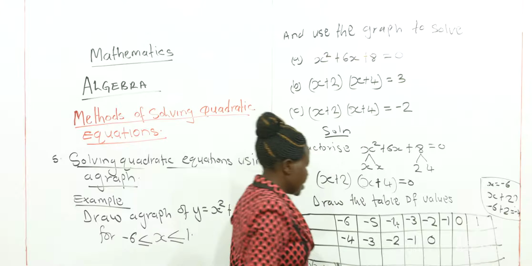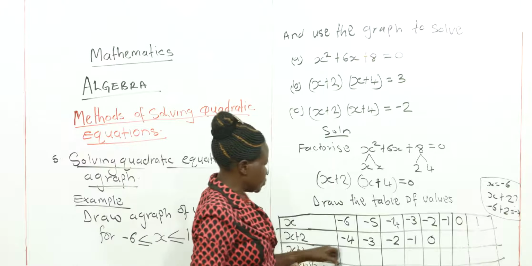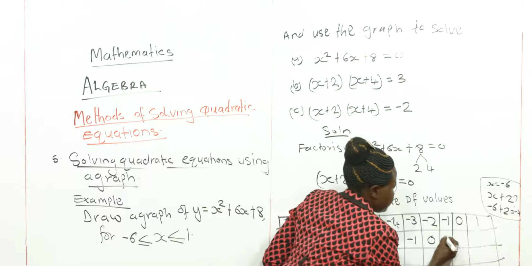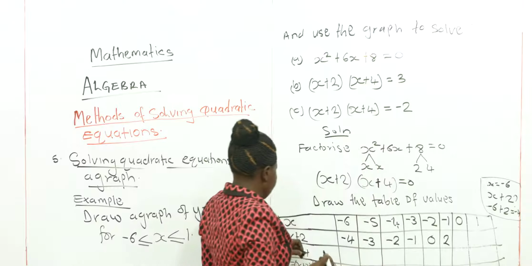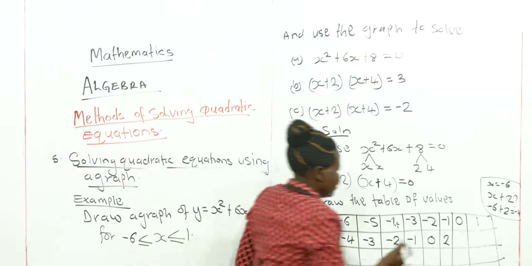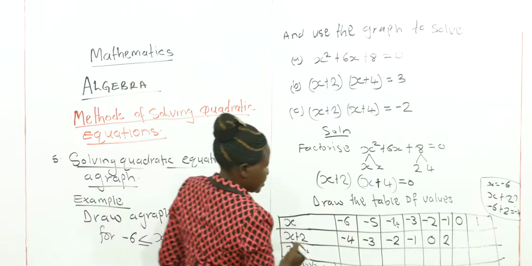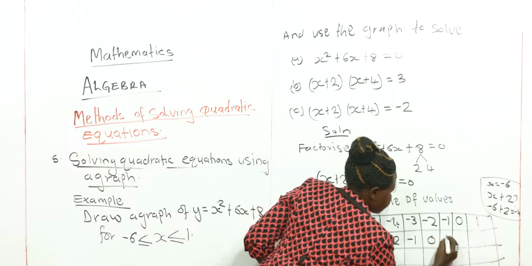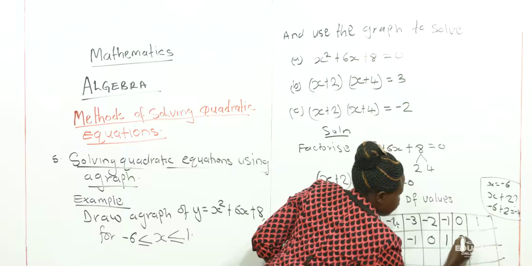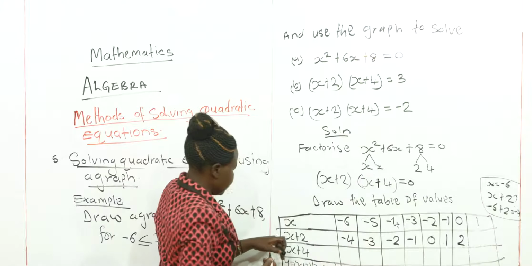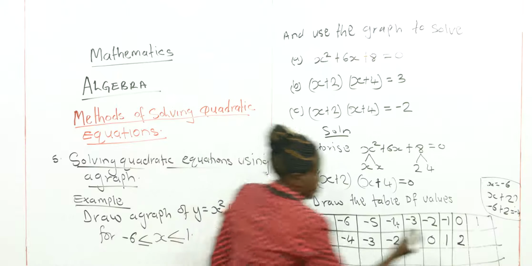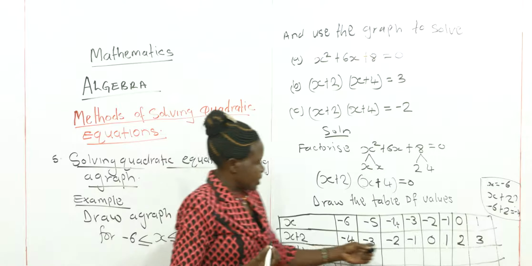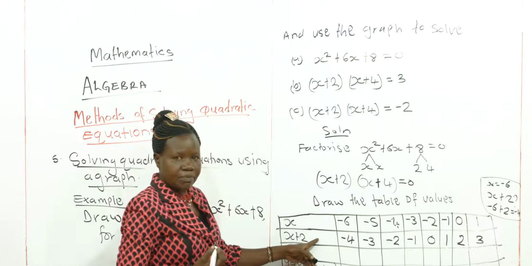When we come to negative 1, we get positive 1. When we place 0, we get positive 2. And then when we put positive 1 here, it gives us positive 3. So, dear learners, that is how you get it for x plus 2.